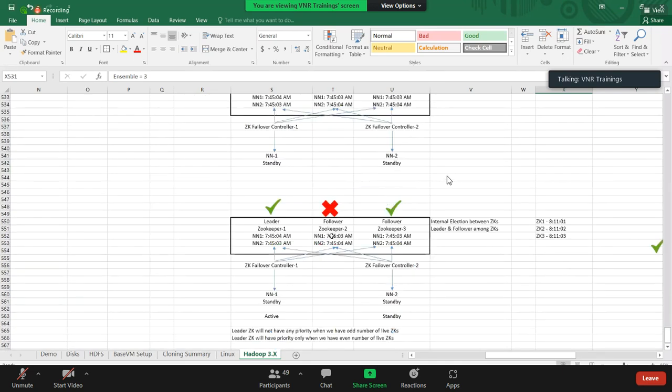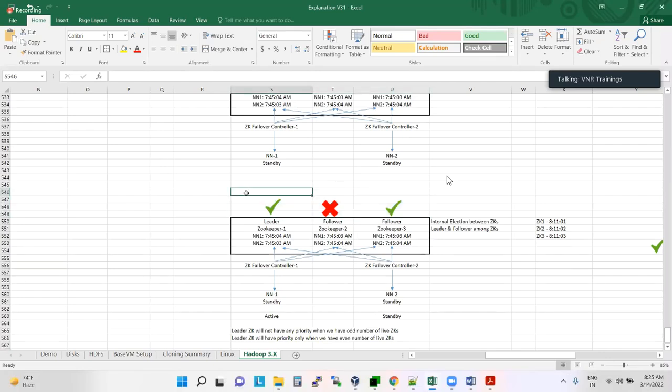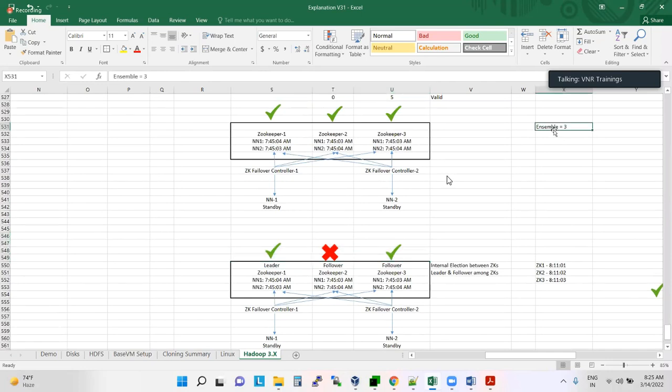But here, what is quorum? Quorum is how many zookeepers should be up and running in the ensemble to take a decision. Understand, guys? Let us take this scenario: you are a manager, and under you, you have 10 people.